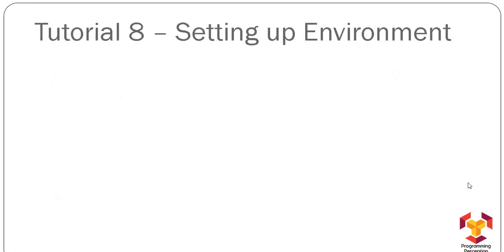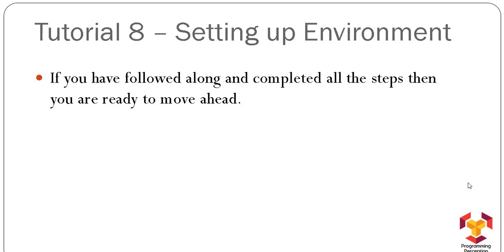Now definitely any C program can be created and run in the MinGW environment, but we have to save the program in the MinGW bin folder itself. Now why so? Because our system is not recognizing any MinGW command. So you have to follow along and complete all the steps, then only you will be ready to move ahead.